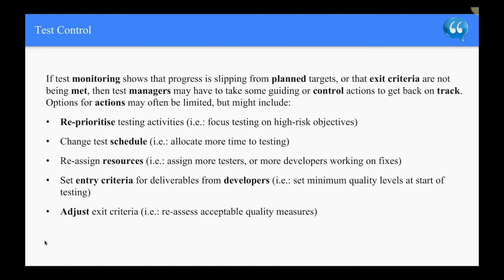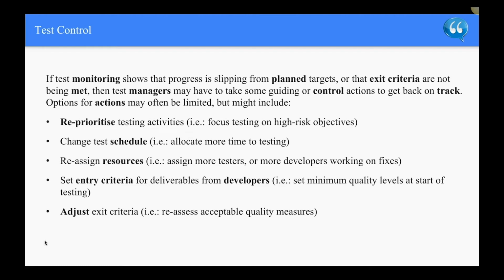Test control. If test monitoring shows that the progress is slipping from the planned targets or the exit criteria are not being met, then test managers may have to take some guiding or control actions to get back on track.